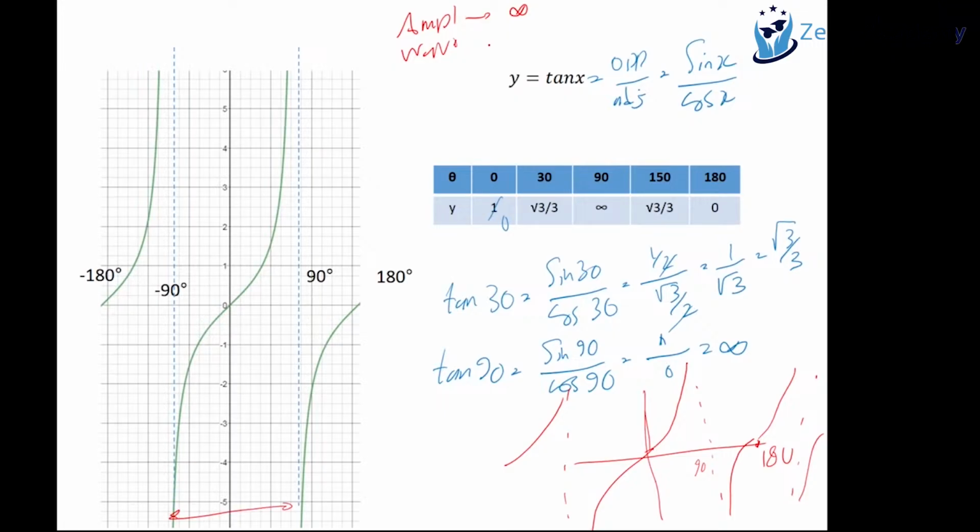This time the wavelength is 180 or pi. So if you remember from the previous slide, sine, cosine: amplitude 1, wavelength 2 pi or 360. Tangent: amplitude infinity, wavelength 180.